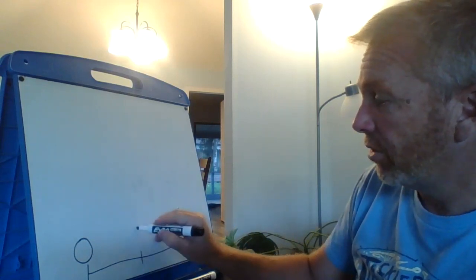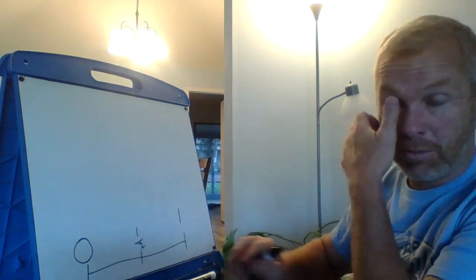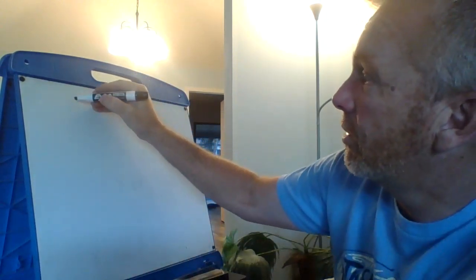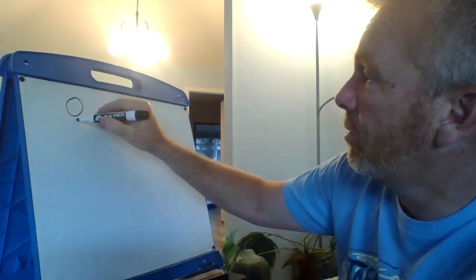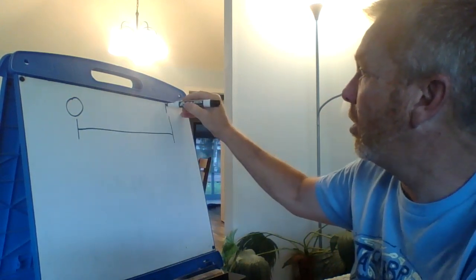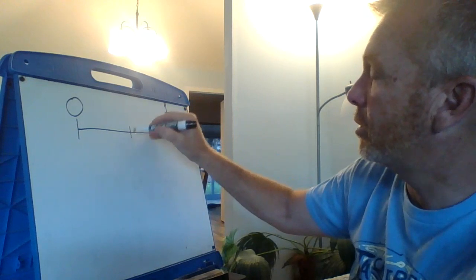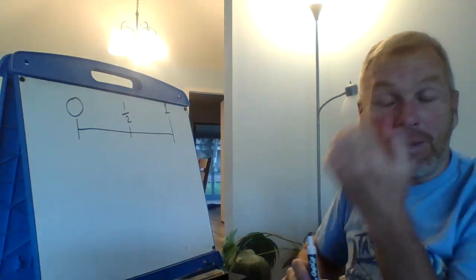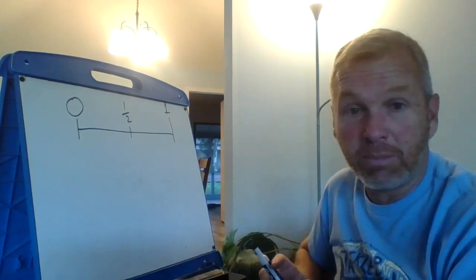So that puts 1/2 here. I probably should have put that. Let me put that at the top. Do that again. Here's our benchmark. 0. Over here we have 1, which means we have 1/2 in the middle. So we're going to use that benchmark to help compare fractions.